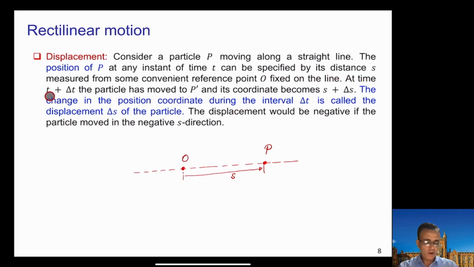At time t plus delta t, the particle has moved to P dash. Now the particle will move to this point here, and this is our P dash point. And now the distance between P and P dash is delta S, and we know that this is our positive S direction and this is our negative S direction.